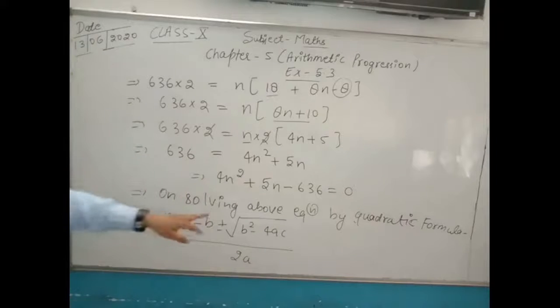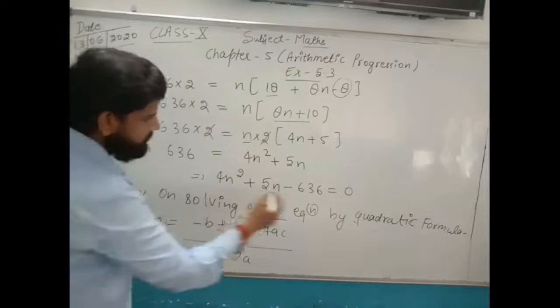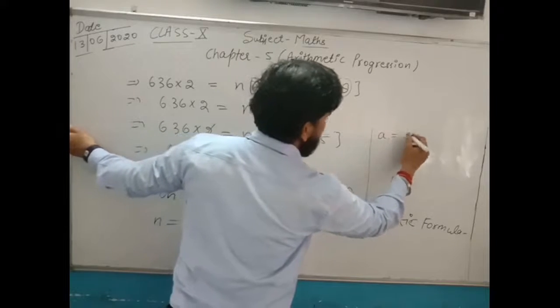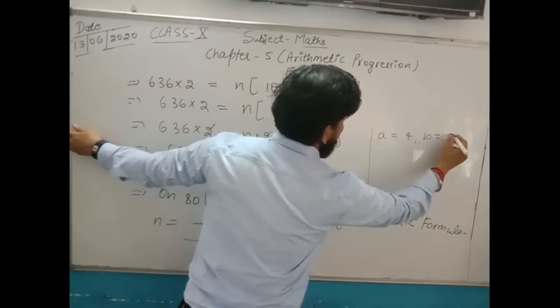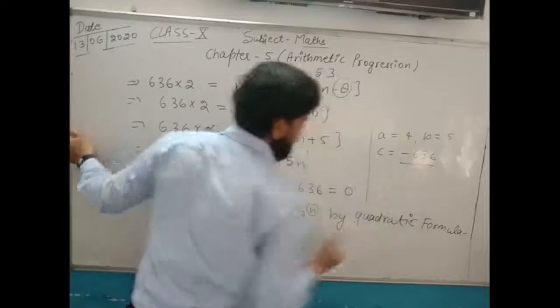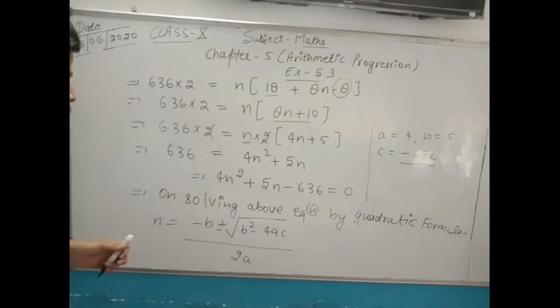So we have the values of a, b and c. a is equal to 4, b is equal to 5 and c is equal to minus 636. Now put the values.